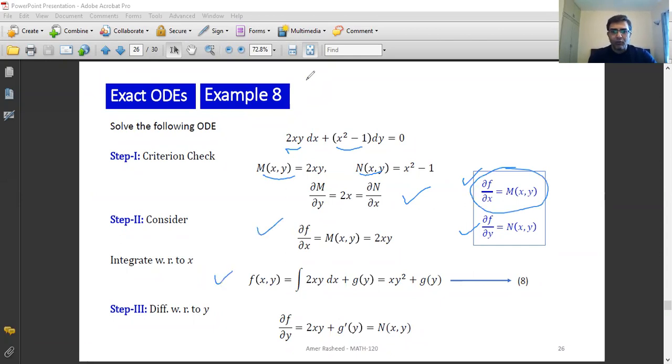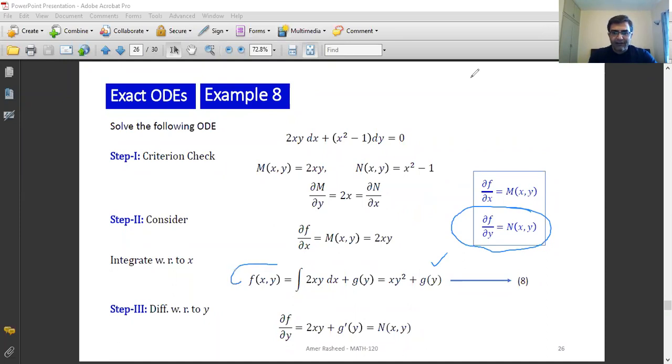We integrate it on both sides with respect to x, 2xy dx, and we add a function of y here in order to compensate the constant of integration. Now we have our f of xy, where it involves an unknown function g of y.